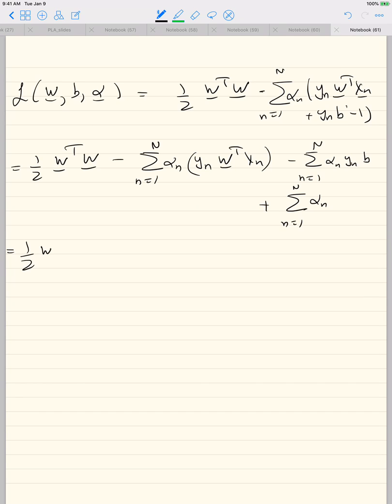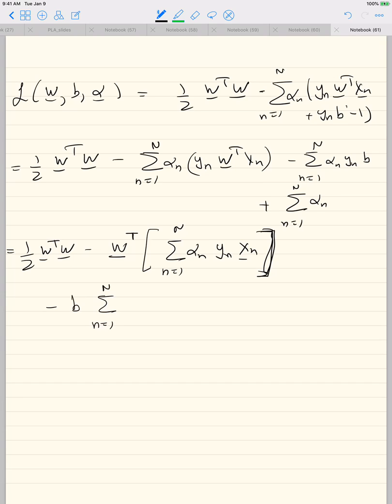The first term is as it is. For the second term, I will take W outside because it does not depend on n, and I will write the summation of n going from 1 to n of alpha n yn xn. For the third term, I will take b outside. It's a constant not depending on n, and we have alpha n yn. And the last term is the sum of alpha n.